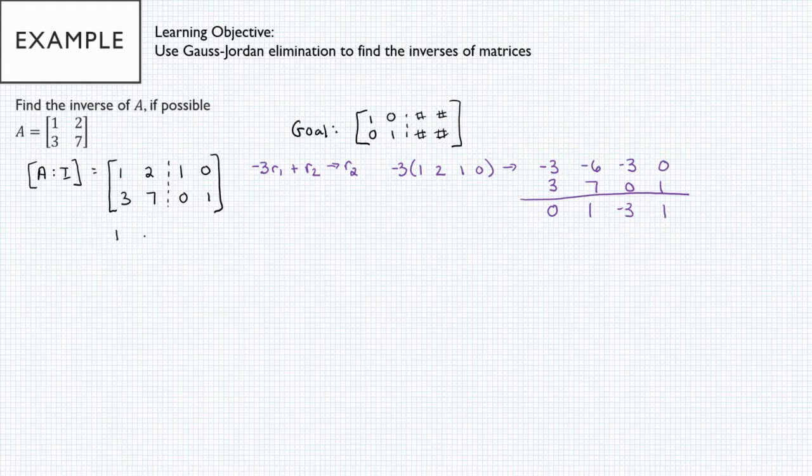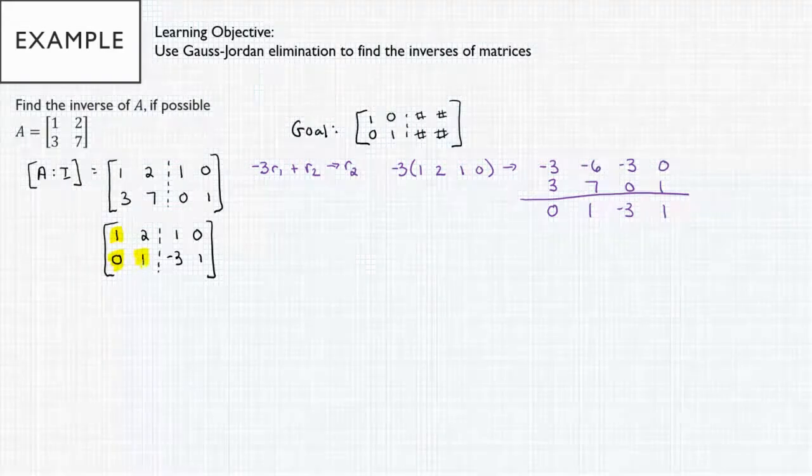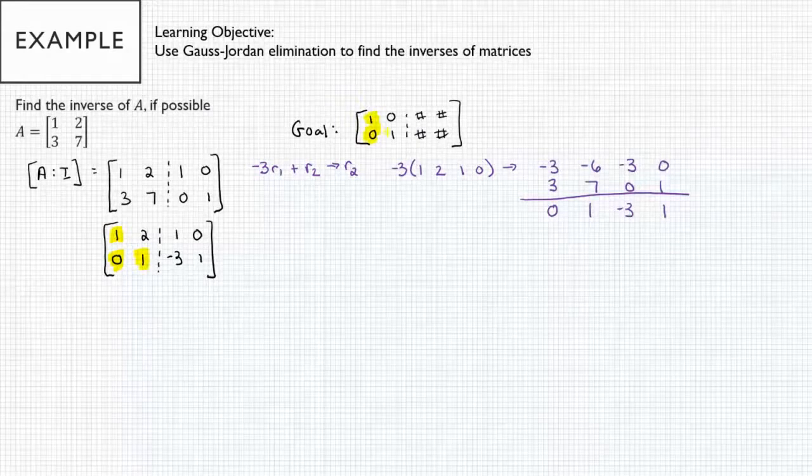So now my first row is going to stay the same, and my second row is replaced with what I just did. So if you're looking at our goal, I'm almost there. 3 out of the 4 places match what I want, but I need to have a 0 in that top right.